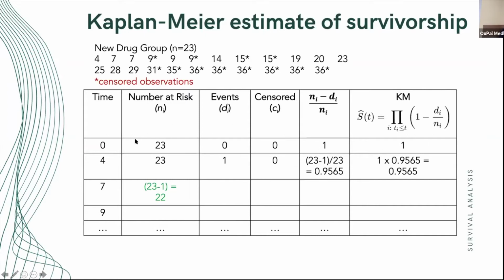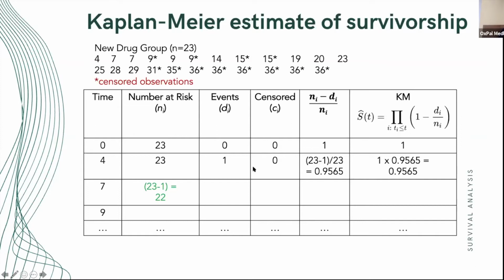Now we go to month 4. At month 4, there were still 23 participants at risk, so 23. There was one event. The number 4 here represents one event. One patient died. No one was censored. There is no asterisk here for number 4. So we compute this value, n_i minus d_i, the number at risk minus the events.